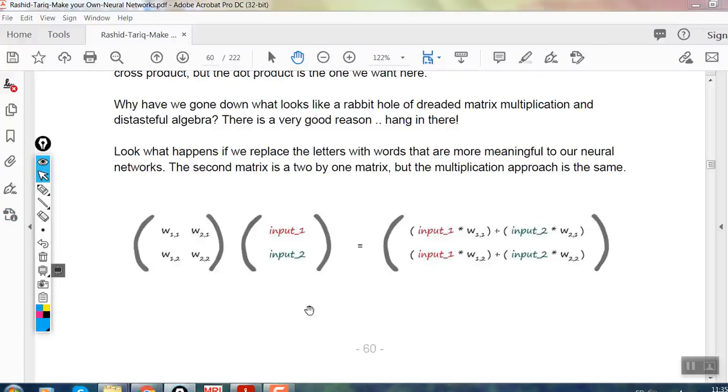And the inputs can be written as a vector matrix. Now we can calculate this multiplication, W11 and W21 multiplied by input 1 and input 2, like this. Then W11 multiplied by input 1 plus W21 multiplied by input 2.